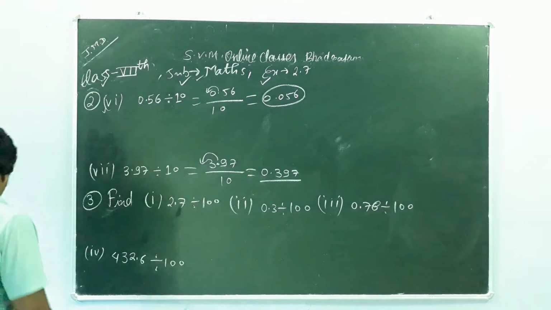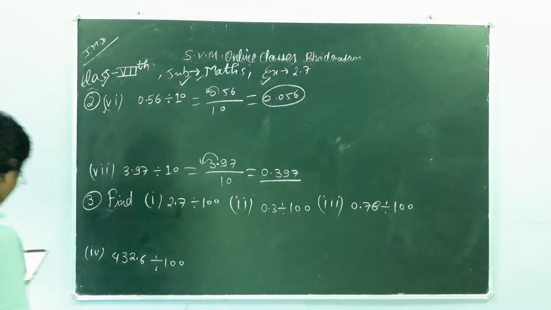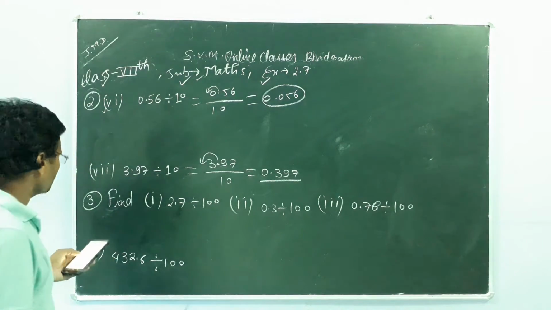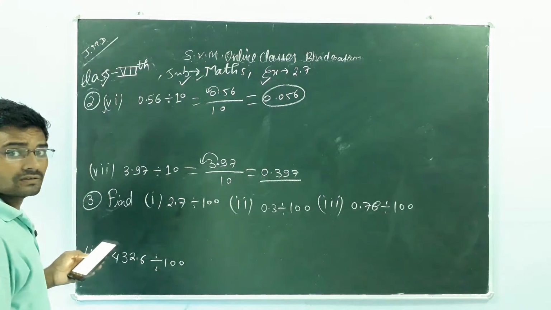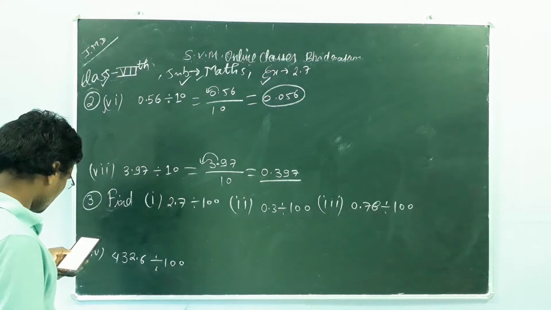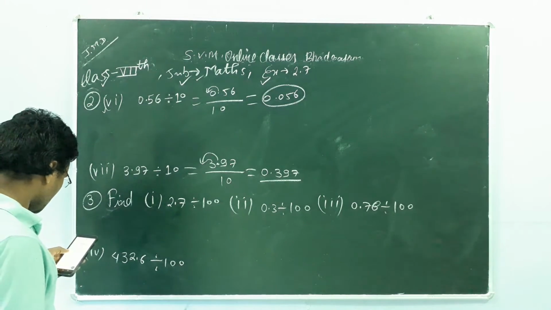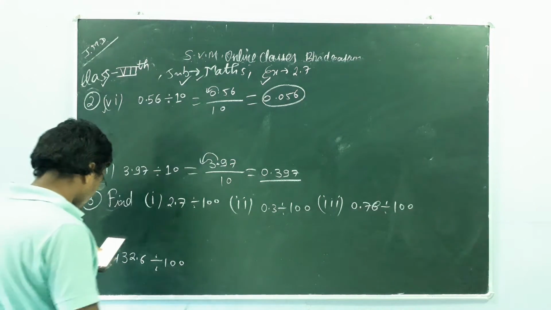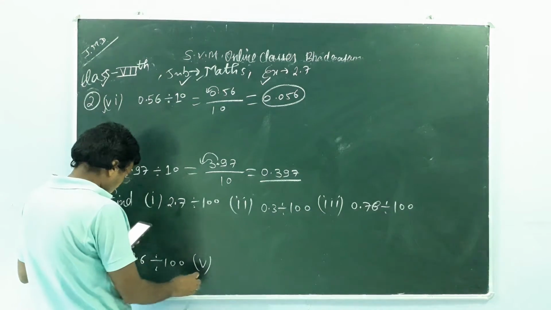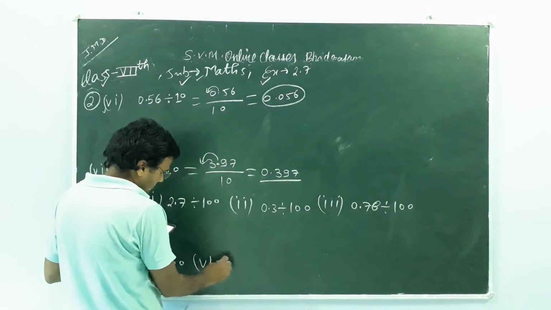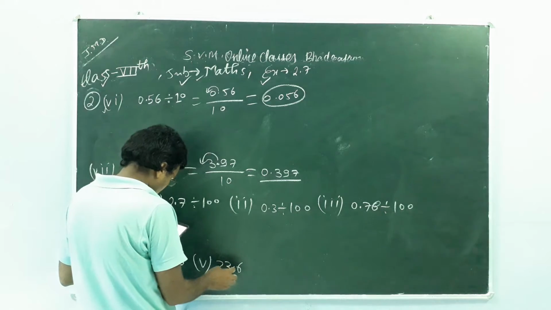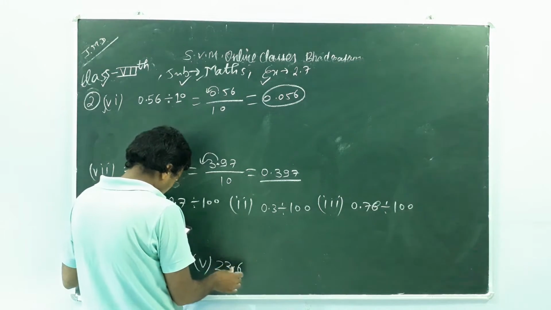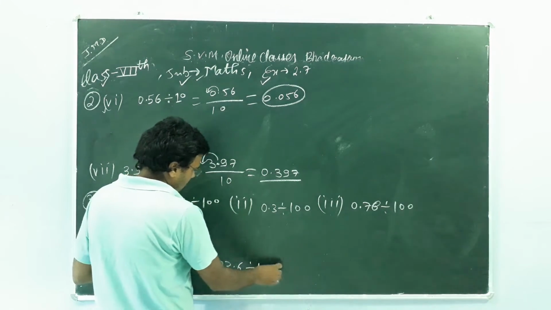I am going to start with this part, but I am going to solve all the parts. After that we will begin. This is our question number 3, parts 3 and 4. Now the 5th part is 23.6 divided by 100.